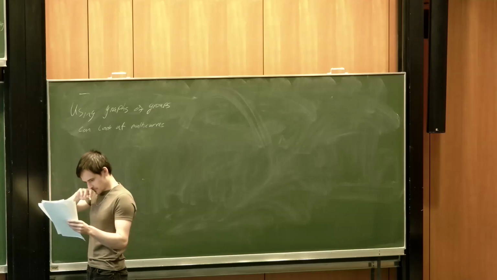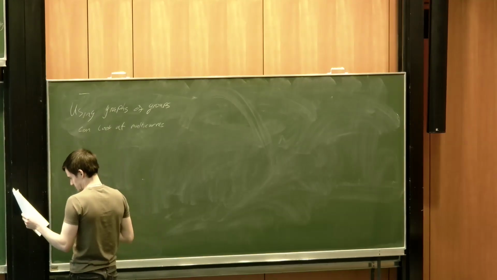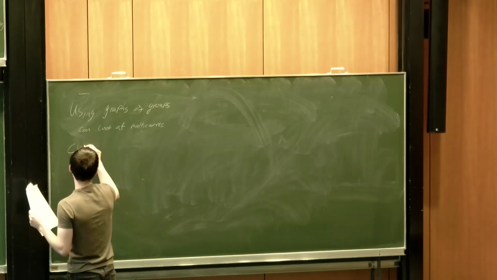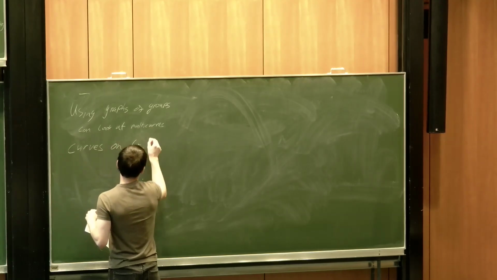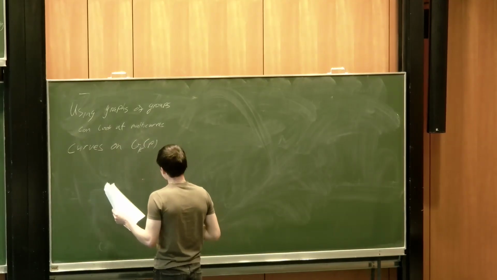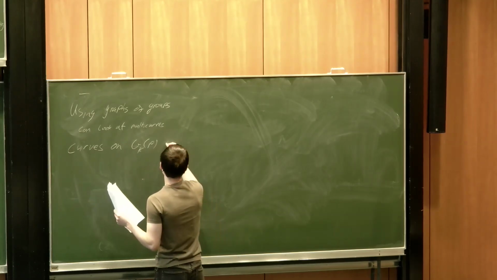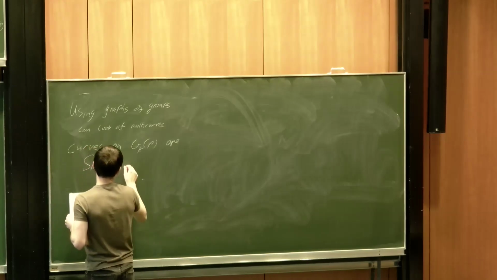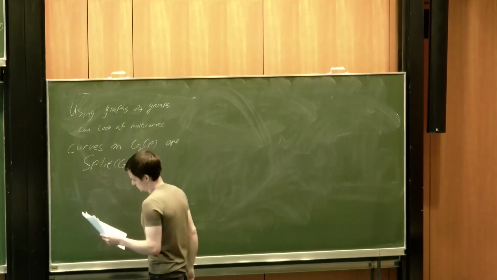Instead, the way to look at curves, I will now take the maximum appropriate quotient of the Galois group of a field, and these will be all the key splittings of the group.